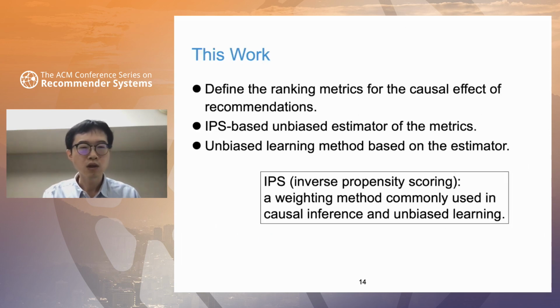In this work, we define the ranking metrics for the causal effect of recommendations. And we propose an IPS-based unbiased estimator of the metrics and develop an unbiased learning method based on the estimator.